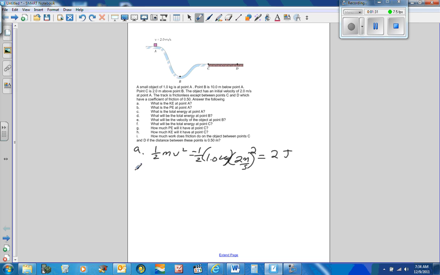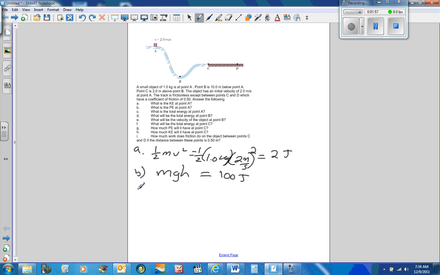That's A. B is what's the potential energy at A? Well, potential energy, of course, gravitational, is what it's talking about, is mgh. That's going to be 1 kilogram times 10 meters per second squared times, how high is it? 10 meters. And when I multiply those three together, I get 100 joules.